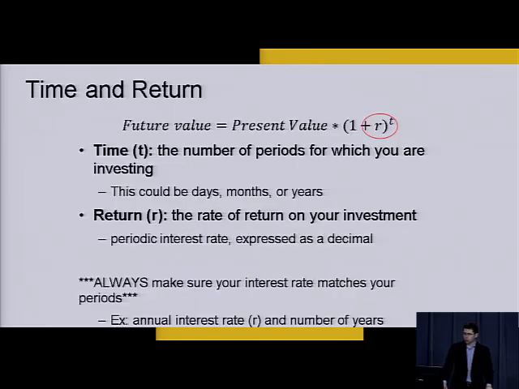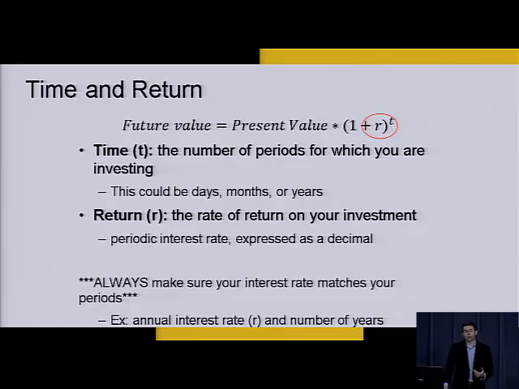Now, in terms of return and time, I mentioned this briefly, but I want to reiterate it just because it inevitably catches students off guard the first time they try to calculate, let's say, the future value or the present value of an asset. The thing I want to convey here is that our time variable and our return variable always have to have the same periodicity. Doesn't matter. Our time variable could indicate years, months, days, quarters of a year, whatever it is.